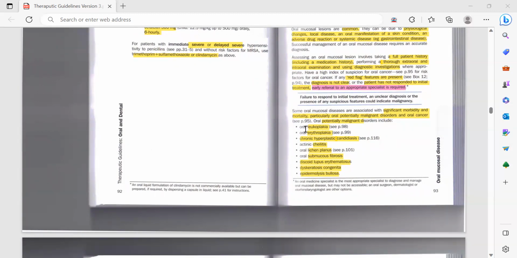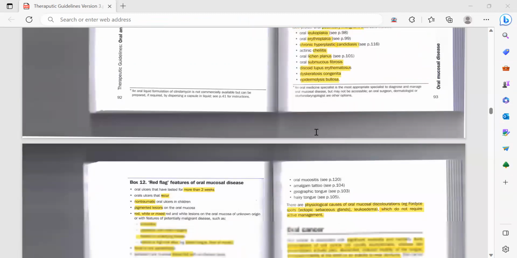Those are mainly oral leukoplakia, erythroplakia, chronic hyperplastic candidiasis, actinic cheilitis, oral lichen planus, oral submucous fibrosis, and discoid lupus erythematosus. And you will get all these topics covered in Odell as a case, as a scenario, so you can read in more detail from Odell.